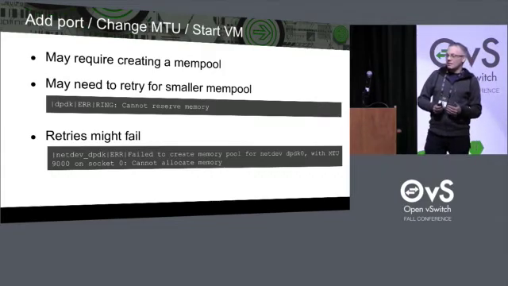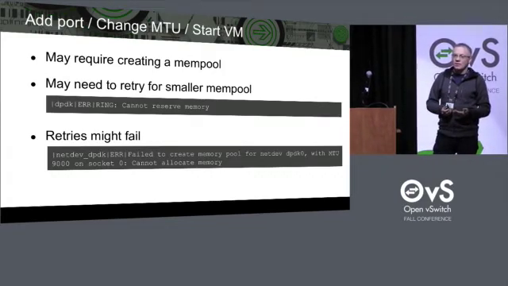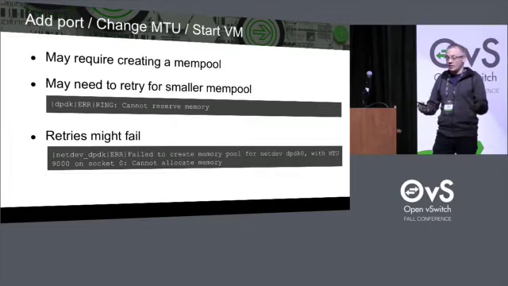When a VM starts, DPDK will look at where the memory from the guest is allocated, which NUMA node it's on, and things will realign in DPDK and OVS to try to be on the same NUMA node. So in that case, we may create a new mempool to align with the memory from the VM, which of course can lead to a failure.